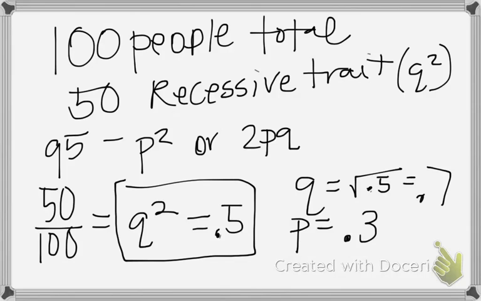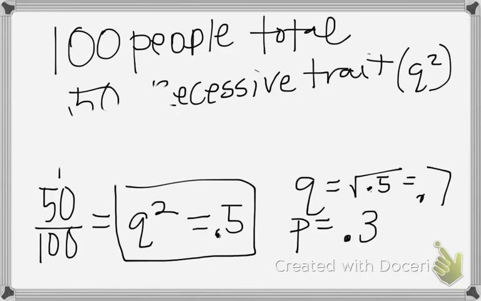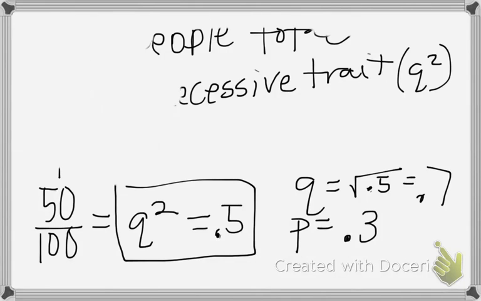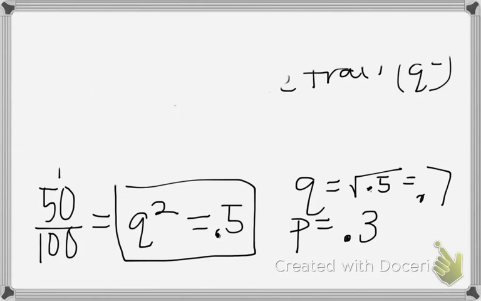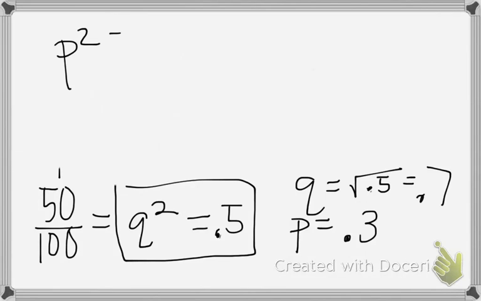And so I want to know what percent of the people are homozygous dominant. So P squared equals 0.3 times 0.3, which is going to be 0.09. That's the frequency of homozygous dominant.